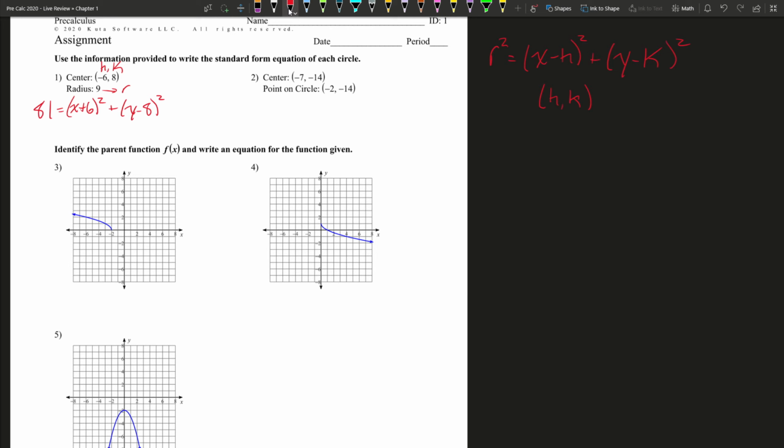Next one is a little bit trickier because it just gives you the center and the point on the circle. Okay, so we need to find the distance from the center to that point. So if we do that, I'll do that over here. The distance is negative 7 minus a negative 2, squared, plus negative 14 minus negative 14, squared.